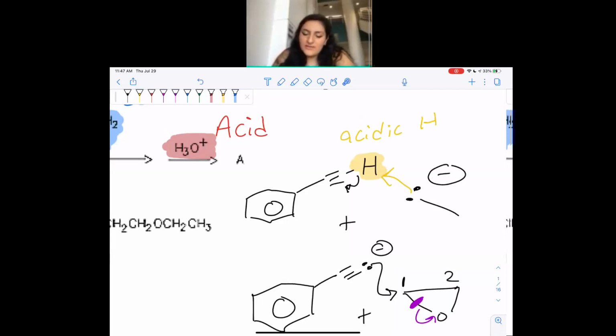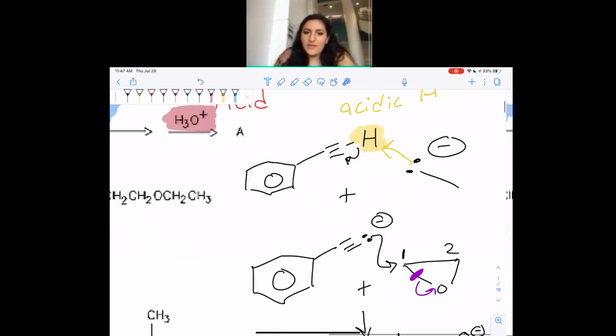So all it does is steal this hydrogen and give these electrons back here, and all we get is a negative charge here. Literally all it's doing is acting like a base and stealing a hydrogen. And then this guy is going to act like a nucleophile. So I'll say base, nucleophile.